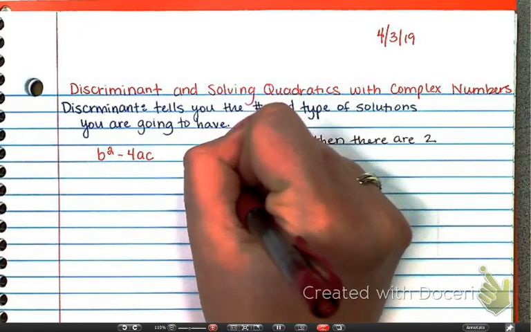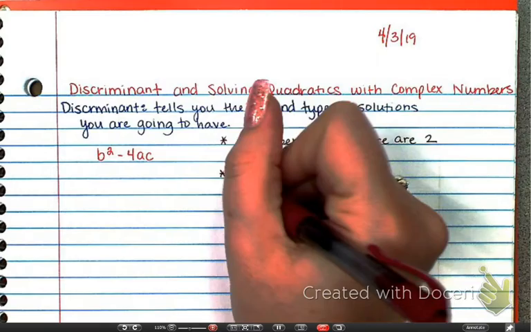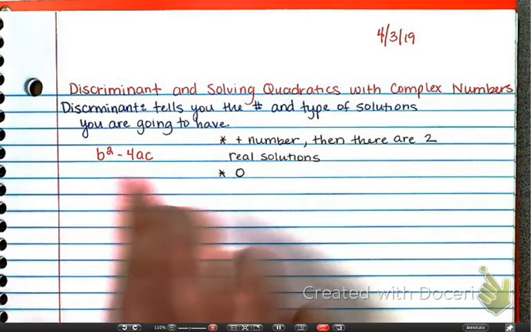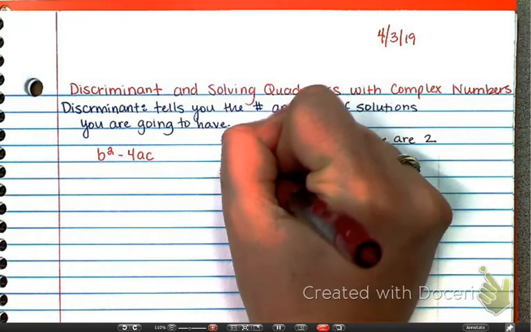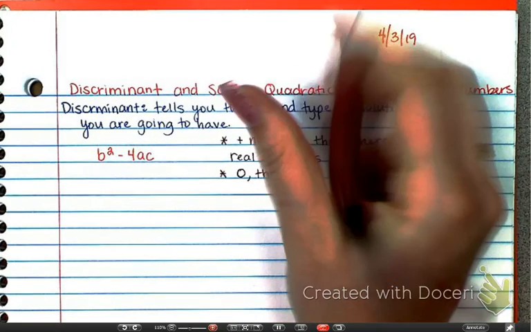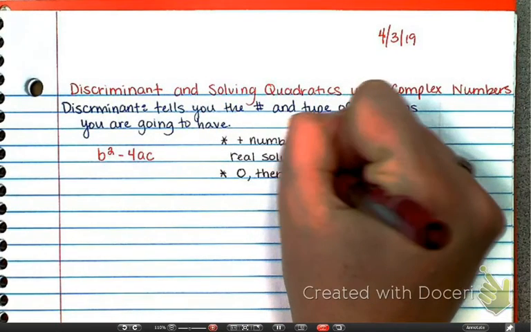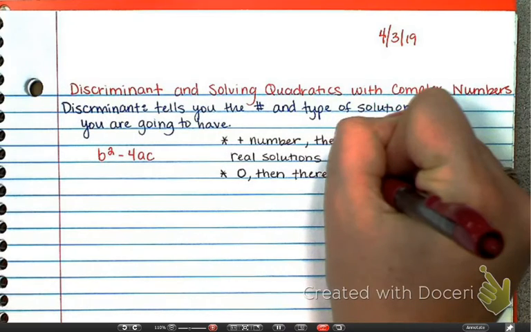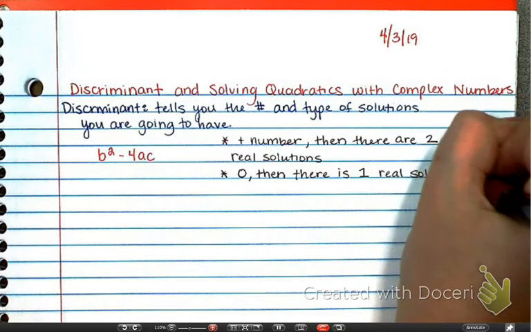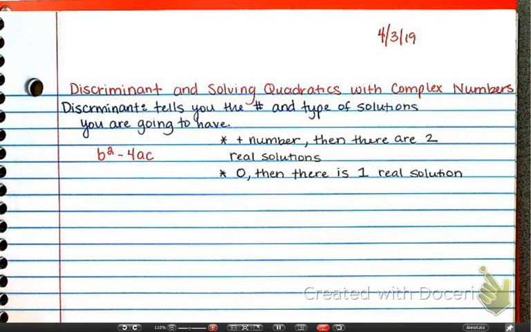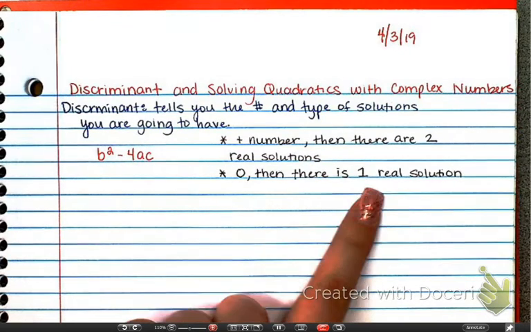Now, we haven't seen this so much, but it could happen. If our answer is 0, so when we plug it all in here, if we get an answer of 0, then there is 1 real solution. Let's talk about why that even happens. If you got 0 underneath the square root, whatever your number is plus or minus 0 is not going to change anything, which is why you have 1 answer.